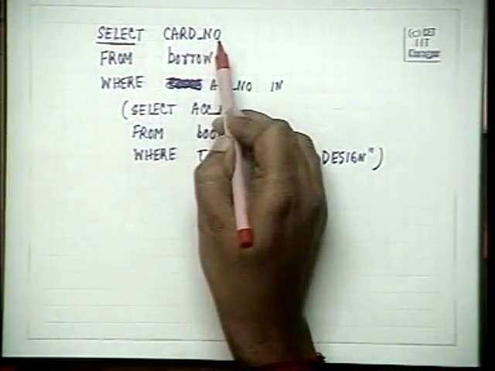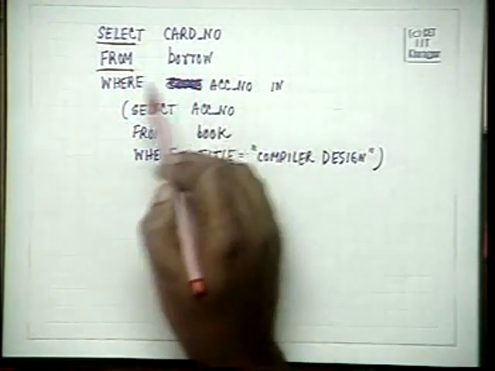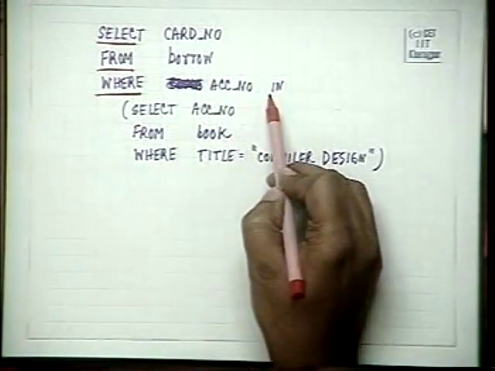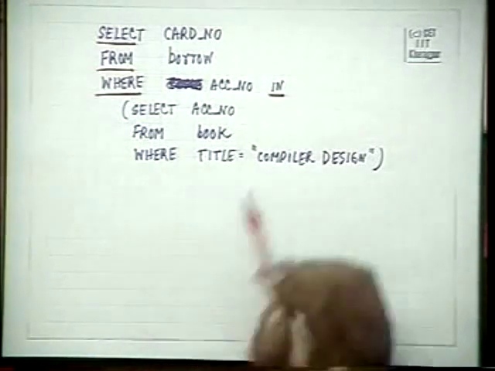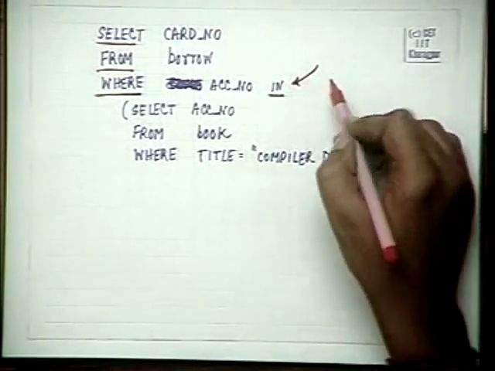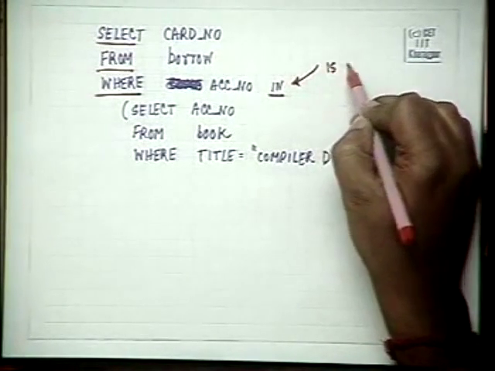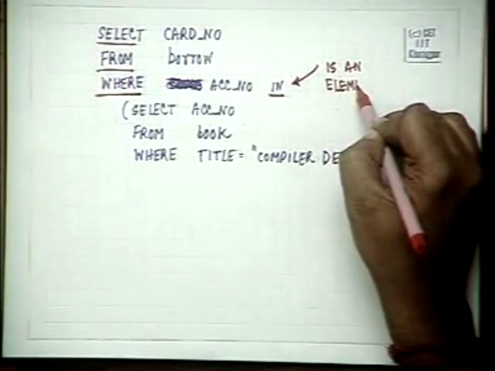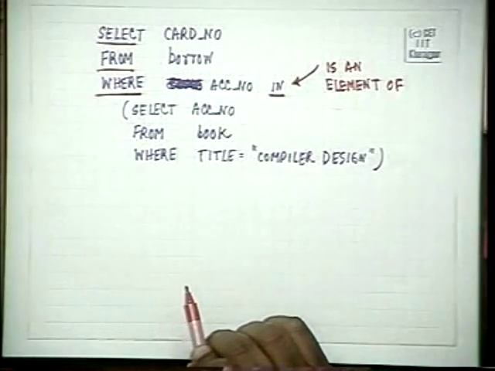Select card number from borrow where accession number is in. In means an element of. In set terminology, it must be an element of some set.